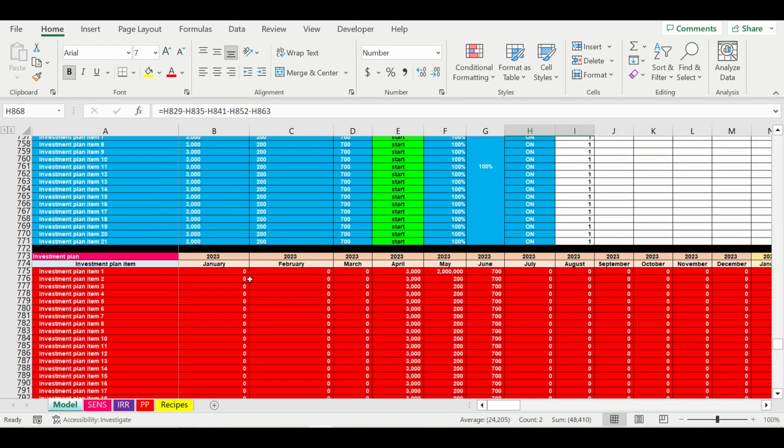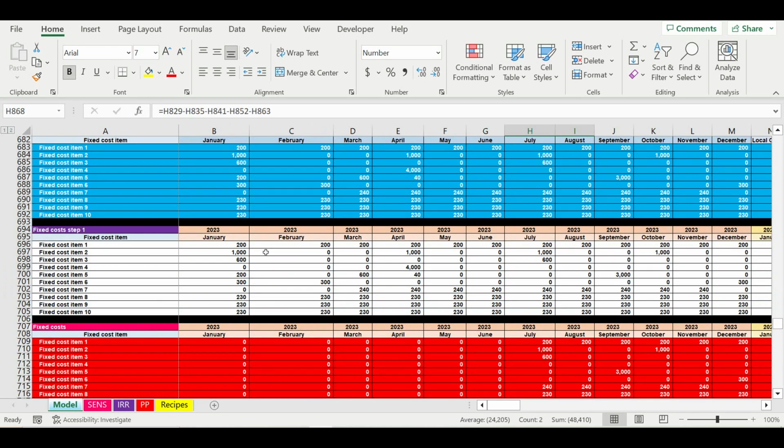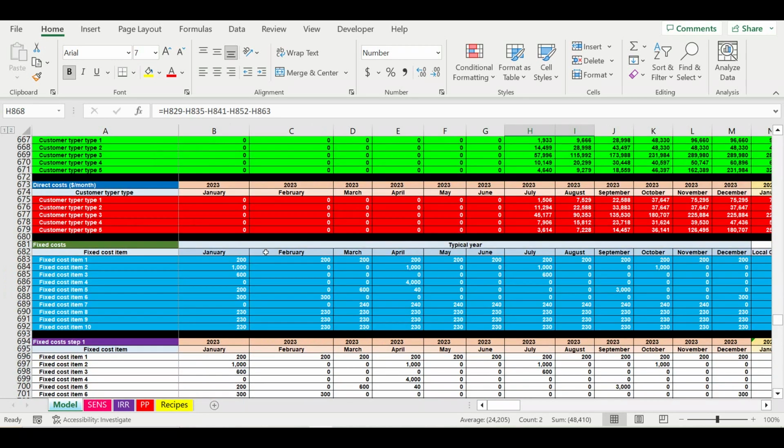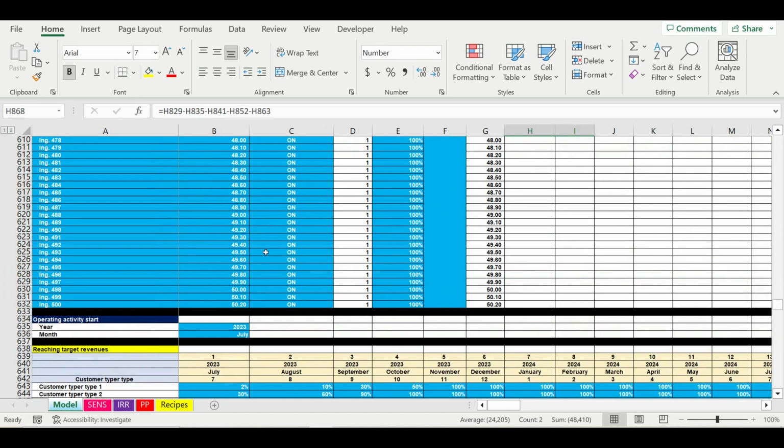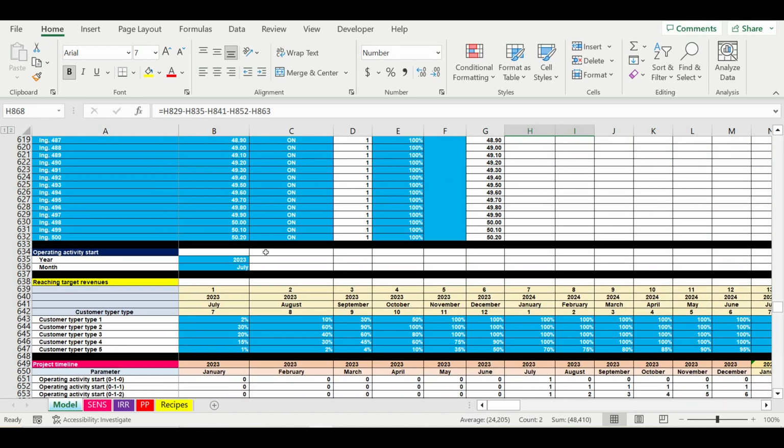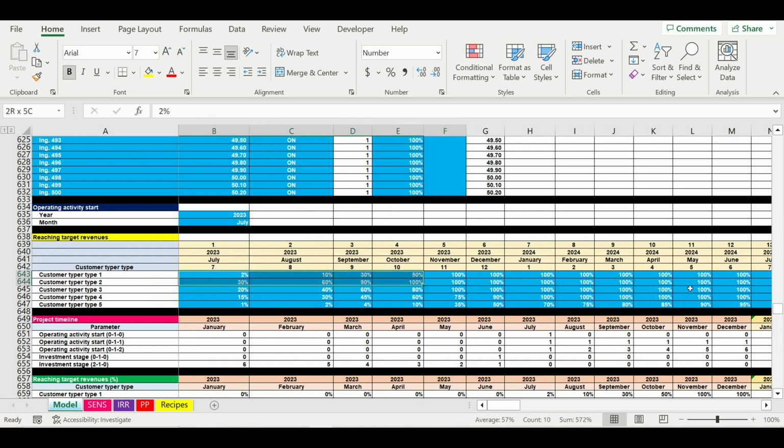And when you start a business, you won't be able to get the maximum of revenues right from the first month. So this is very important to understand. And this table of inputs allows us to play with the speed of how fast we are reaching the target revenue.